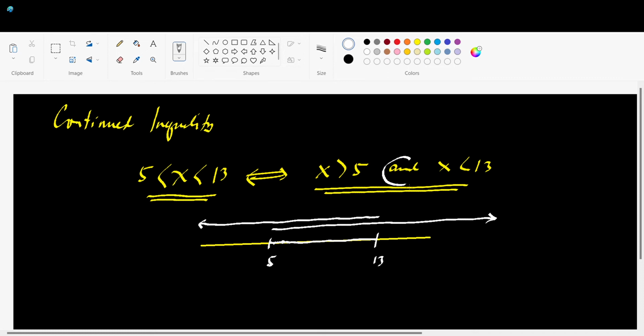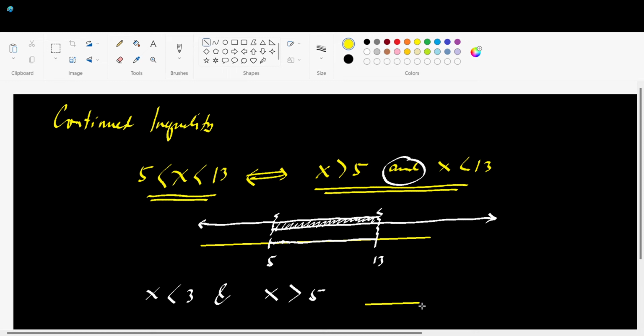And since the connector is AND, it refers to all numbers between 5 and 13. Alright? But there is no continued inequality for, say for example, x is less than 3 and x is greater than 5.